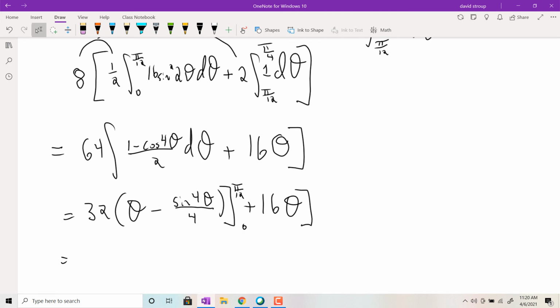So this will be 32 times pi over 12 minus sine of 4 pi over 12. 4 pi over 12 is the same as pi over 3, and then over 4. And then minus 0, minus sine of 0 is just 0, so that part will be 0.